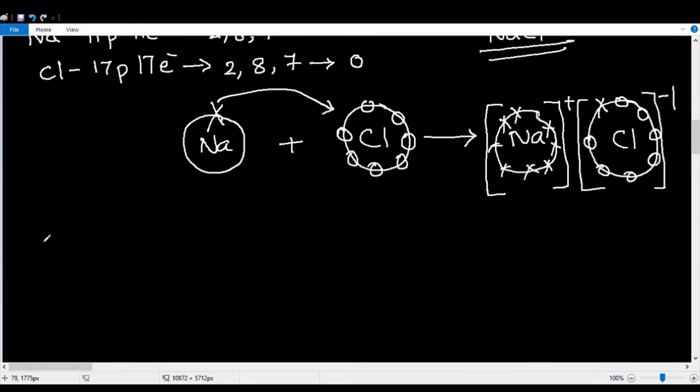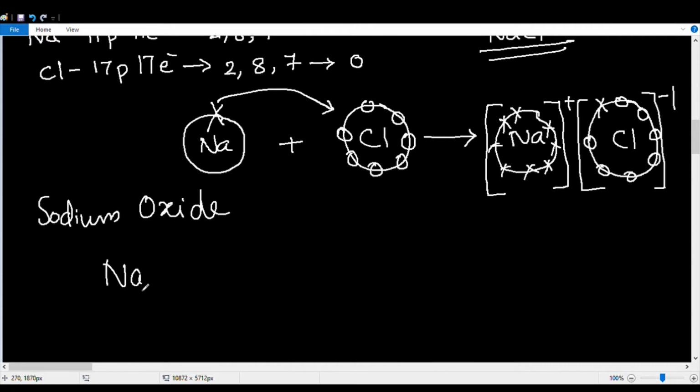And what is sodium oxide? How to draw the ionic compound of sodium oxide?